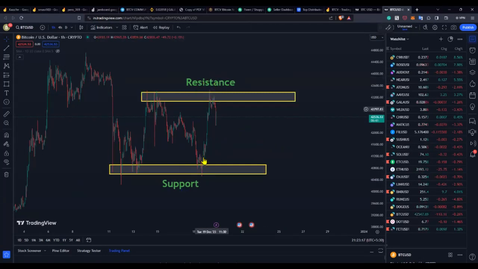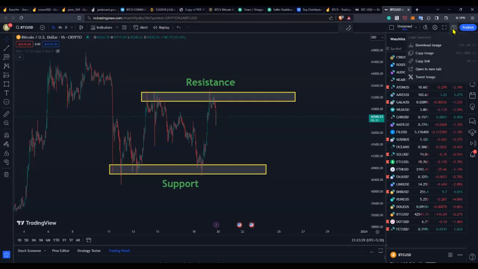Draw resistance, draw support. Then you can see this camera icon on the top right corner. Take a snapshot, it says. If you click on it, you will see different options: download image, copy link, open in a new app, tweet image, and everything. I can copy the link.